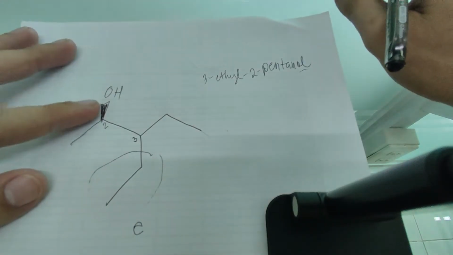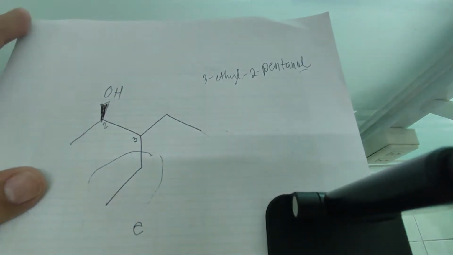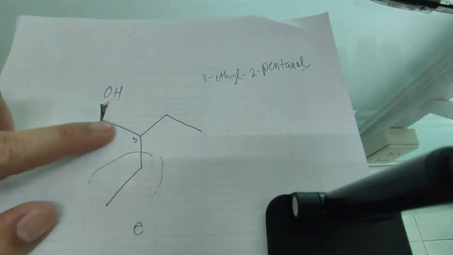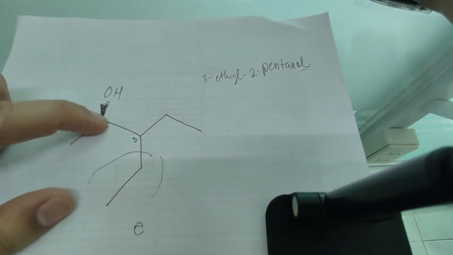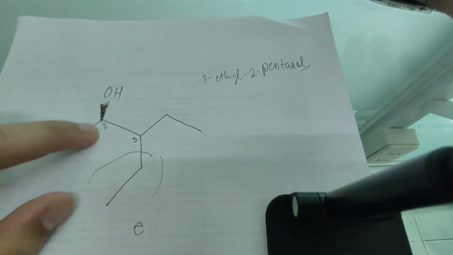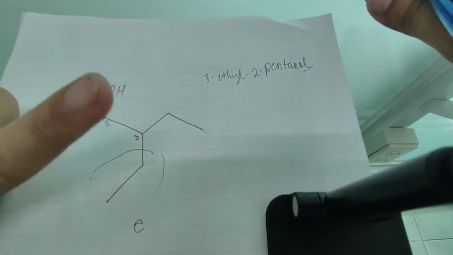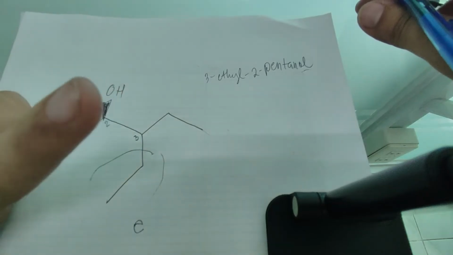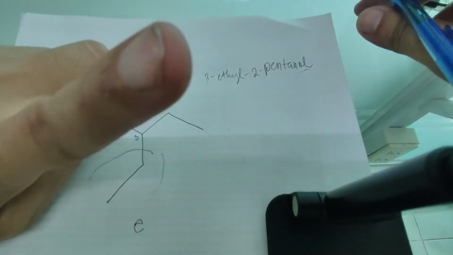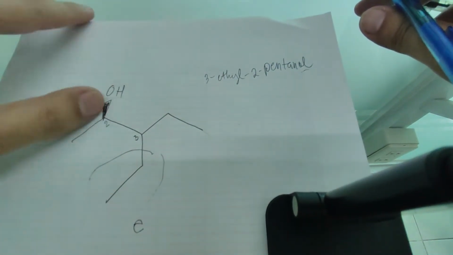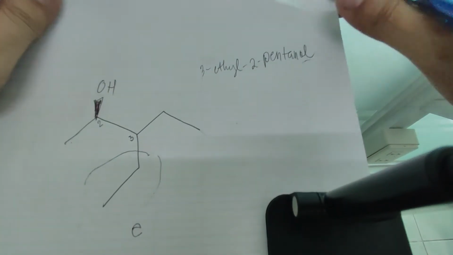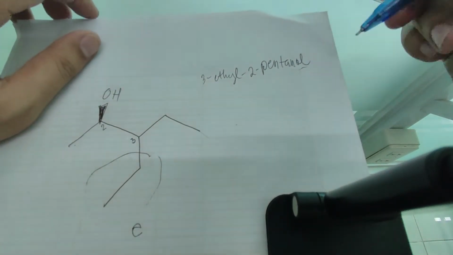How about assigning its configuration? We can see here that we only have one chiral center, and it's here. We see this wedge line, and we know that it means this OH is protruding towards you, towards the paper. Again, we prioritize.